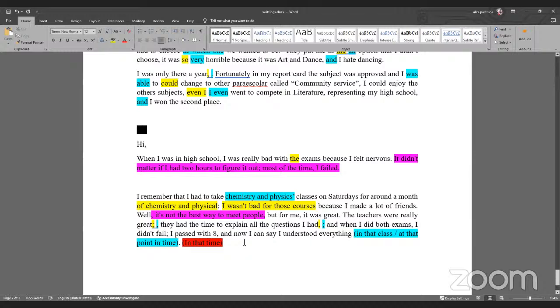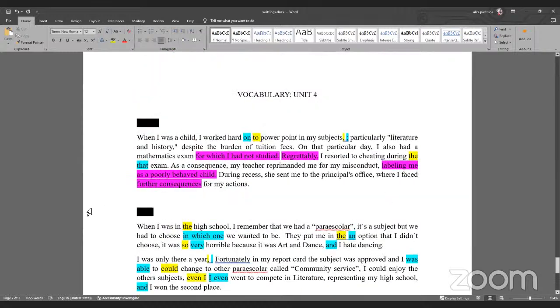Parentheses. Igual que el paréntesis. Parentheses. Remember that. So, we cannot add context after the final period. So, we put this before, in that class or at that point in time. The context before the period. So, overall, excellent job, everyone. Do you have any questions about the writing?